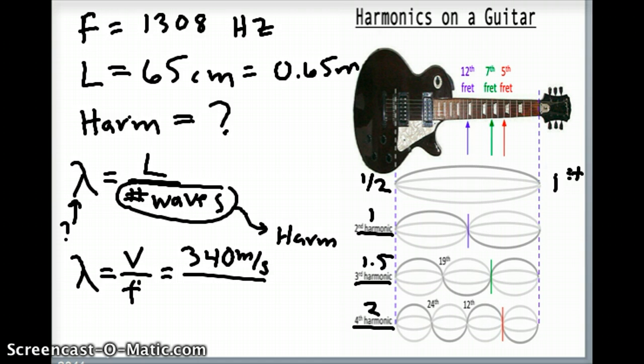The frequency is given as 1308 hertz. That should give us 0.26, and the units there are meters. Again, the hertz cancels with the per second, leaving us with meters. So we can get a wavelength.